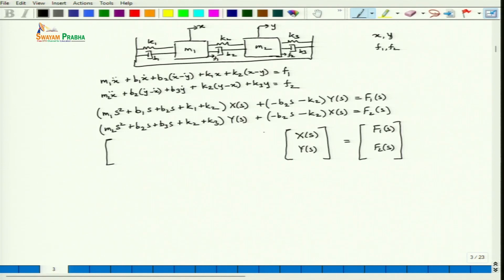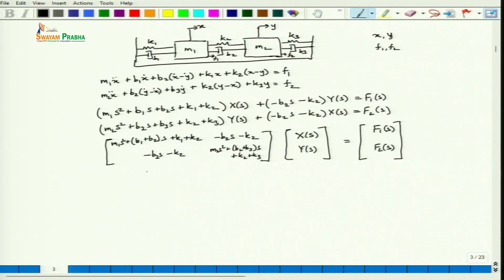And this matrix here will have m1 s square plus b1 plus b2 s plus k1 plus k2, minus b2 s minus k2. Similarly, here we will have minus b2 s minus k2, and here we will have m2 s square plus b2 plus b3 s plus k2 plus k3.